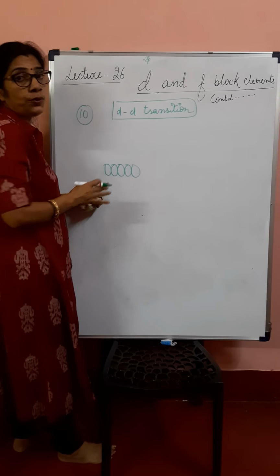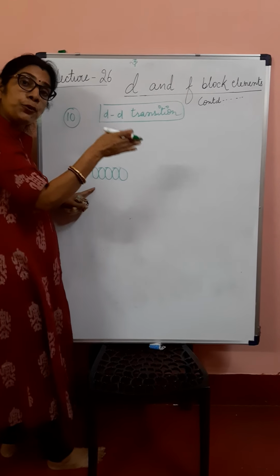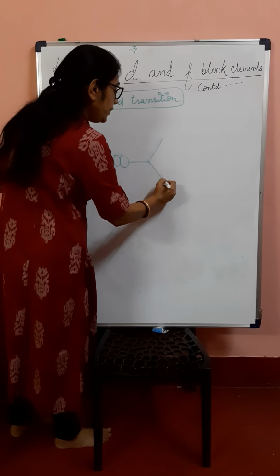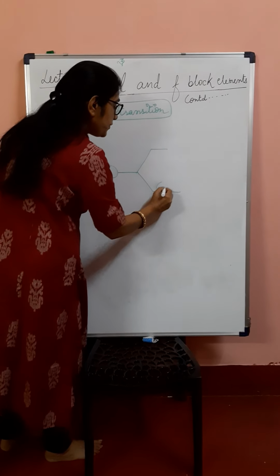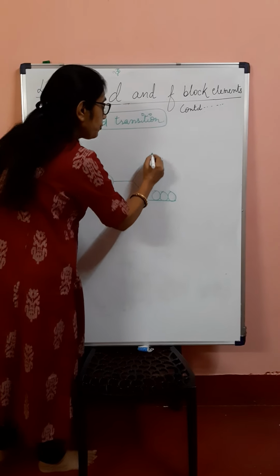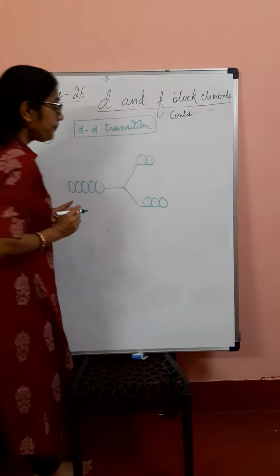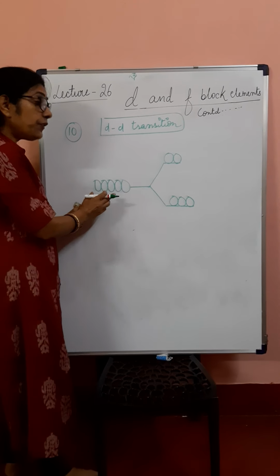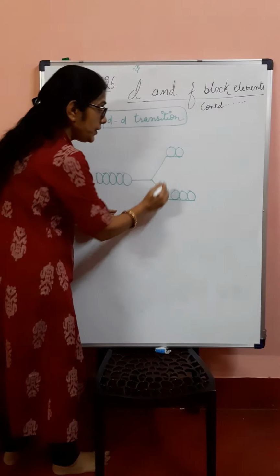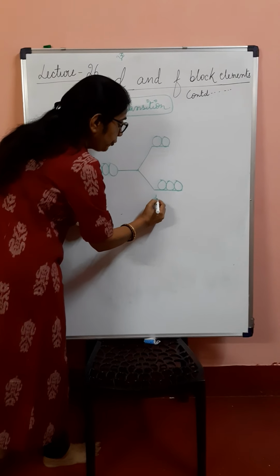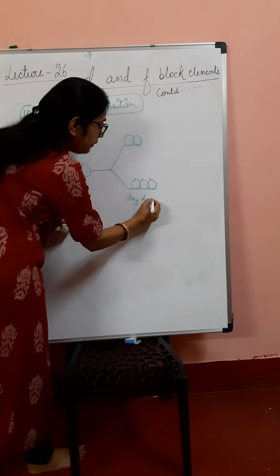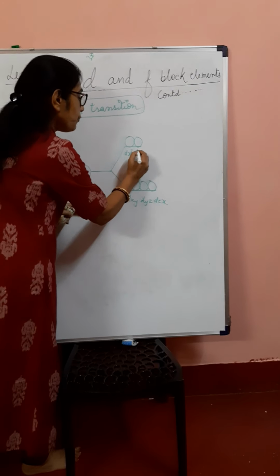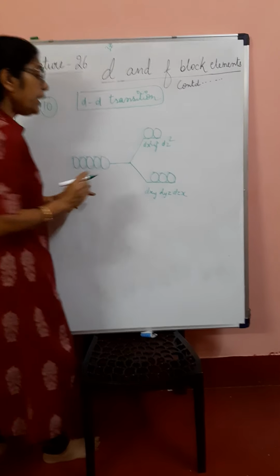But when they are approached by anions, by an electric and magnetic field, then they do not remain degenerate and rather they get split. In the next chapter, coordination compounds, we are going to study about it in detail. This is a free metal ion. It is degenerate. It has the same or equivalent energy, and it is divided in a set of two: dxy, dyz and dzx, and dx square minus y square and dz square.